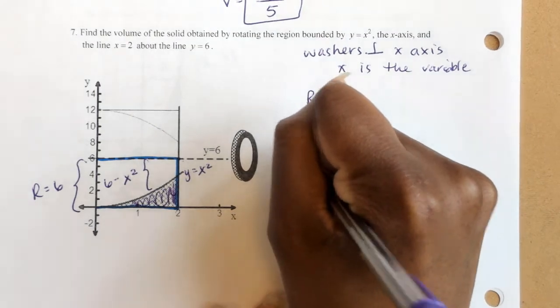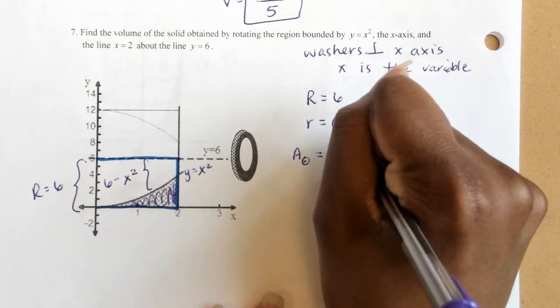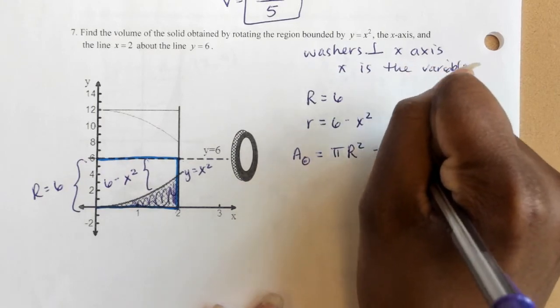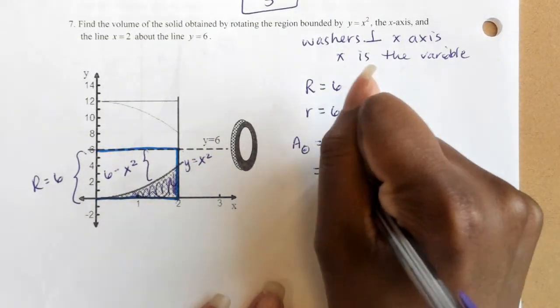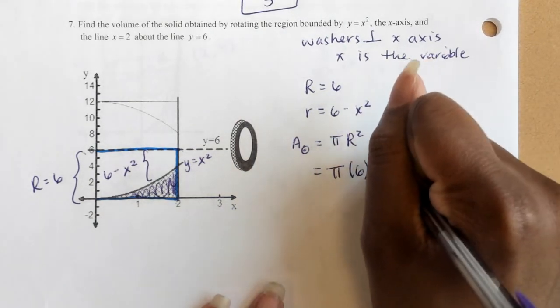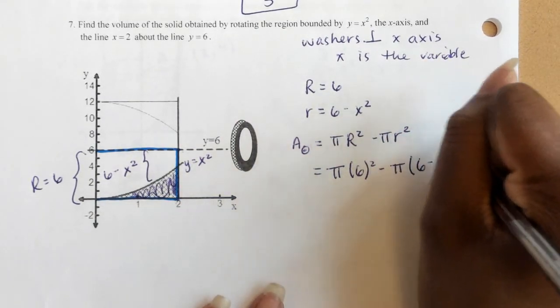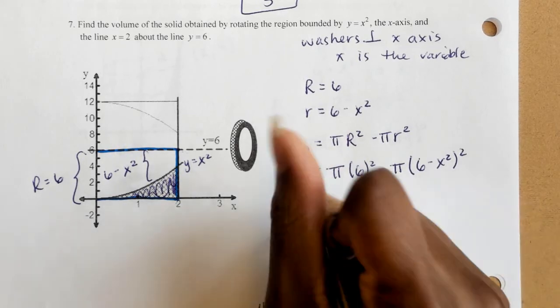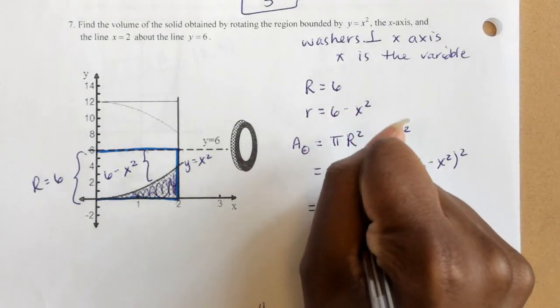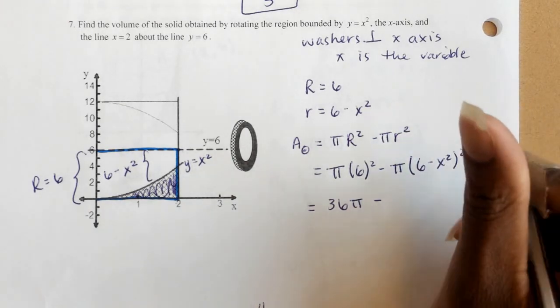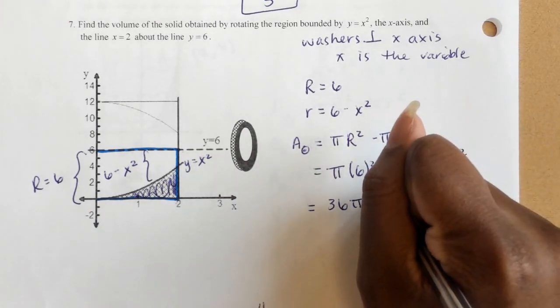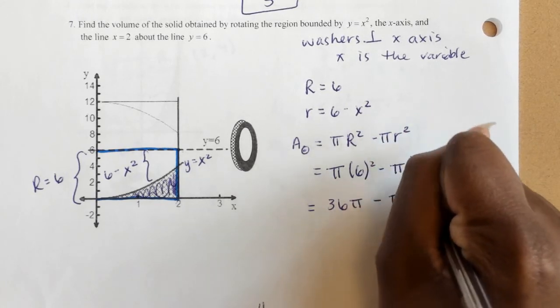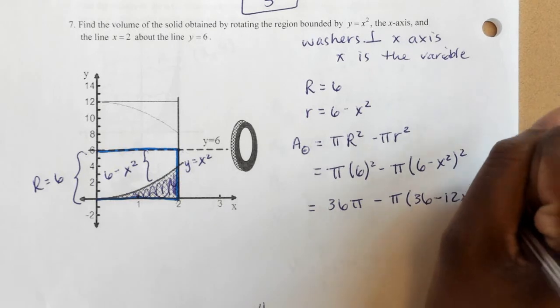So then the area of our washer is equal to pi big R squared minus pi little r squared, which is pi times 6 squared minus pi times 6 minus x squared, squared, which is equal to 36 pi minus pi times 36 minus 12x squared plus x to the 4th.